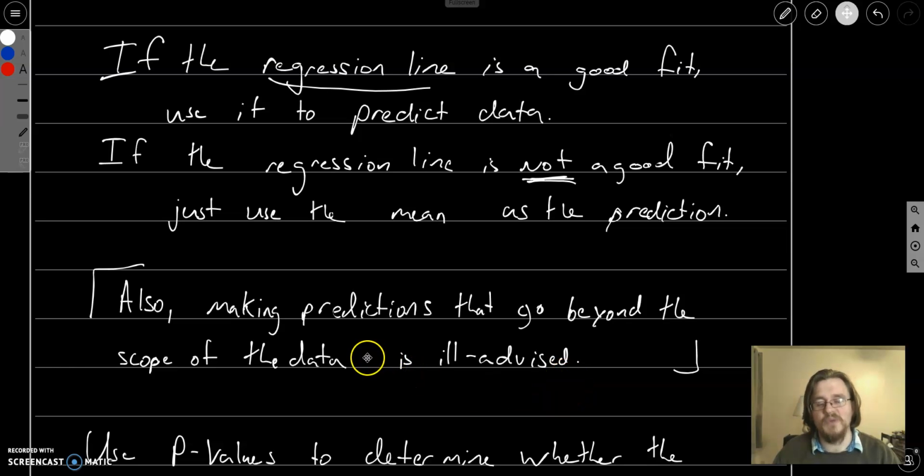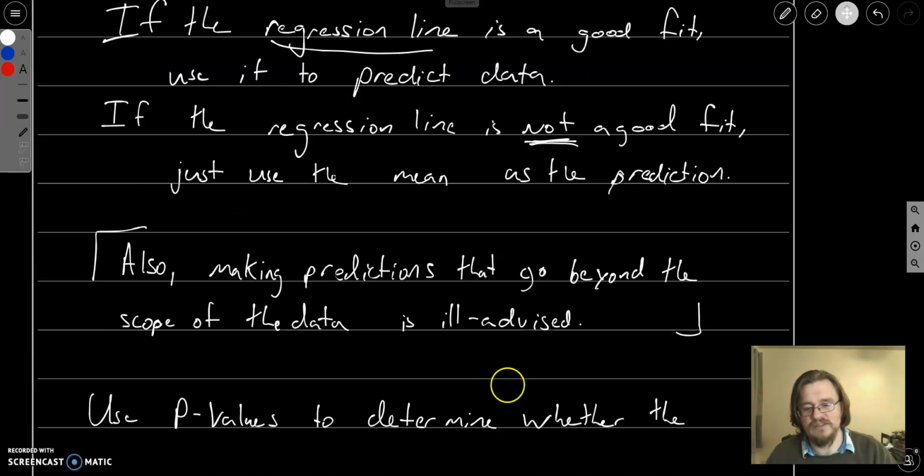So it's important to keep in mind what ranges of data values we're talking about, and going too far into the future or too far beyond any of these values won't lead to very good predictions in general. So let's see how we can use regression lines and means to make predictions.